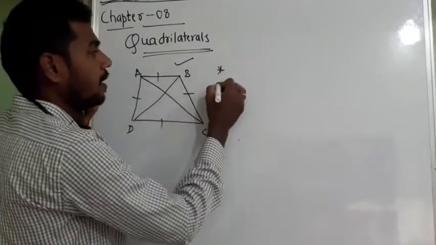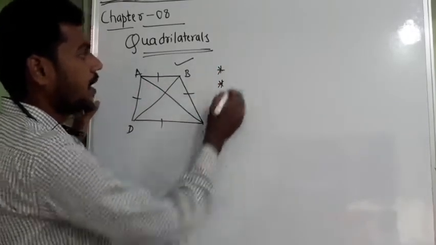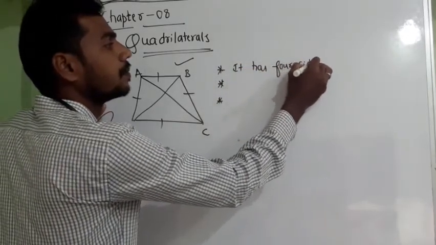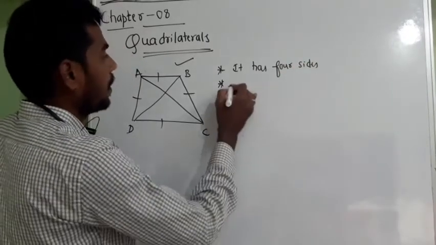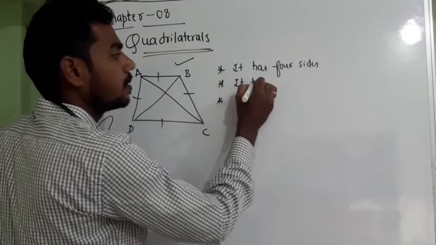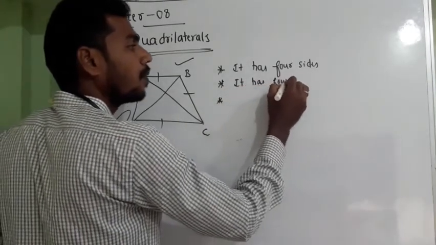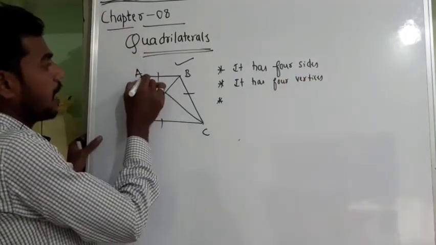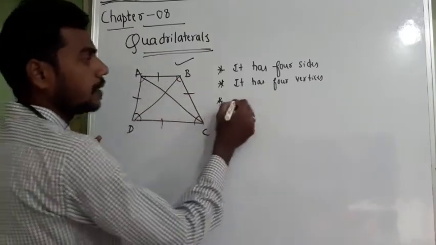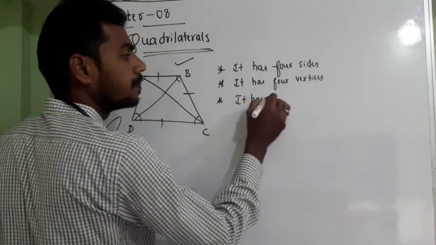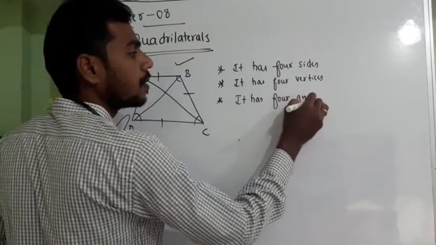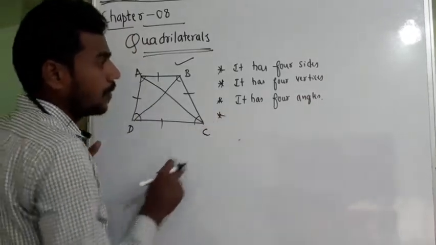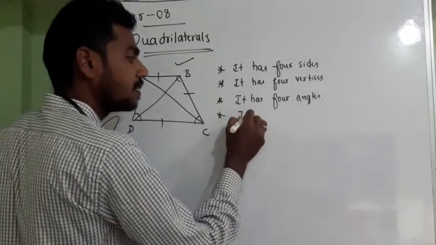So if I want to list out the properties of a quadrilateral, it has four sides, four vertices, and four angles: angle A, angle B, angle C, angle D. It also has two diagonals.